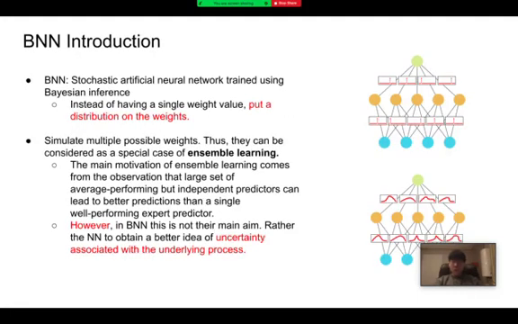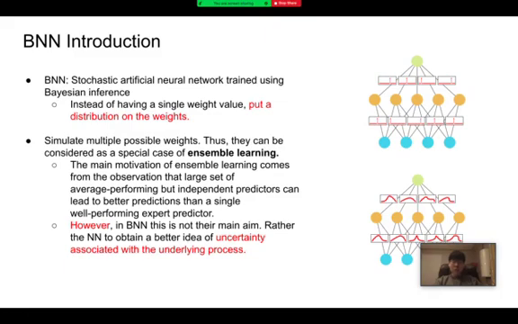So to give a brief introduction to Bayesian neural networks, a Bayesian neural network is a stochastic artificial neural network trained using Bayesian inference. So instead of having a single weight value, they put a distribution on the weights. So we simulate multiple possible weights, and thus they can be considered as a special case of ensemble learning.